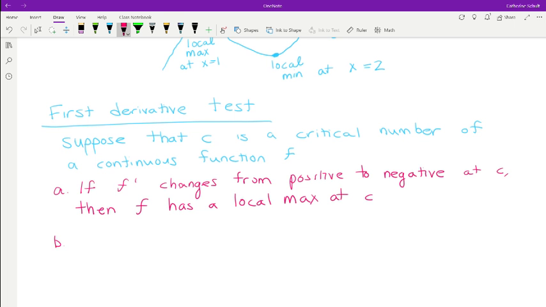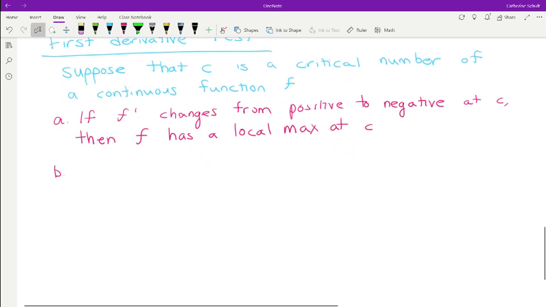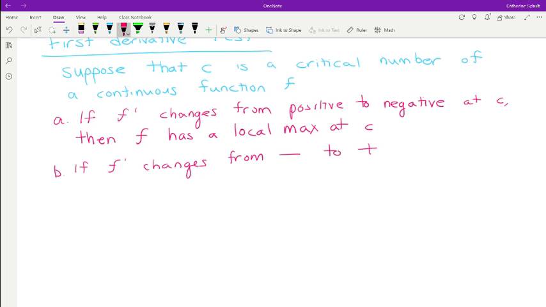All right, and then also, if the derivative changes from negative to positive at c, the critical number, then our function f has a local minimum. Let's write that. If f prime changes from negative to positive at c, then f has a local min.